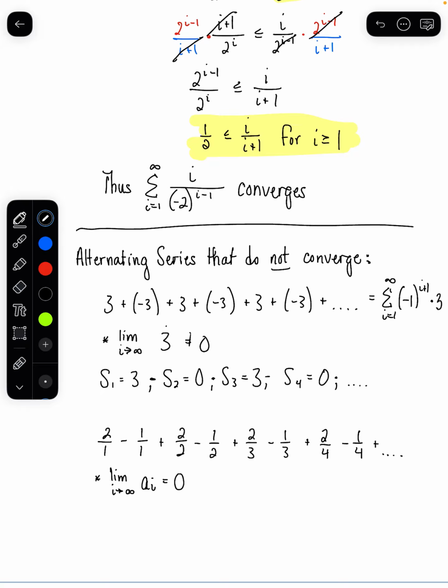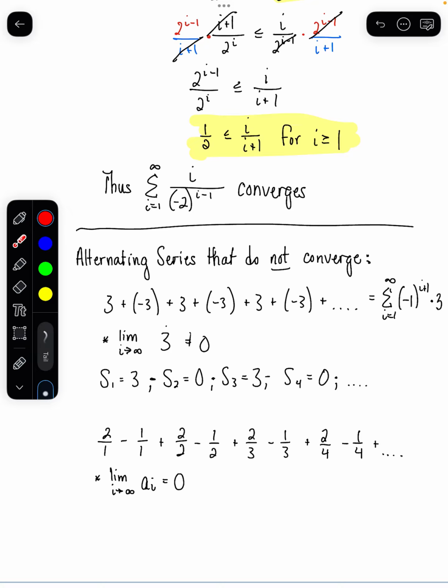That is to say, if we want to look at them in pairs, the numerators are alternating between 2 and 1, and the denominators in the first pair are both 1, and then in the second pair are both 2, and in the third pair are both 3, etc. That means that while the numerators are remaining a 2 and 1, the denominators are going to keep getting bigger. So eventually we will have 2 over 10 minus 1 over 10, and then 2 over 100 minus 1 over 100. These terms are approaching 0.